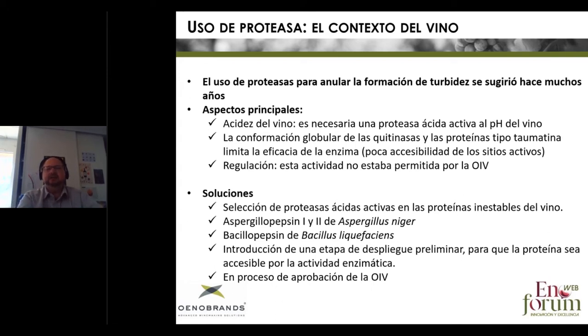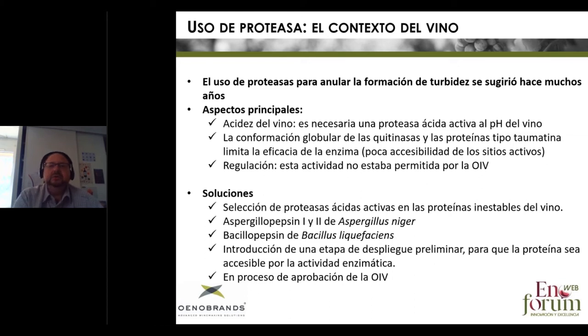The second issue was that the globular conformation of chitinase and thaumatin-like protein, which are responsible for the protein instability of wine, limits the efficiency of protease, since the active sites are not accessible due to this conformation.